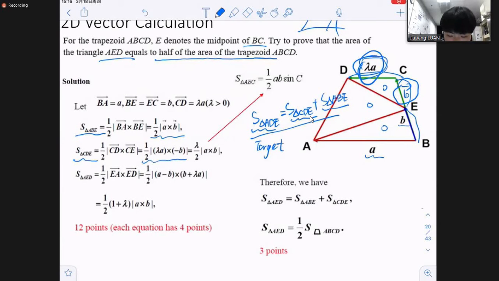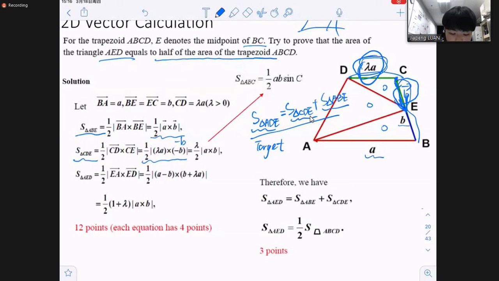It doesn't matter, but the standard way is to write this like minus B, because you can see that if we take the origin at C, then minus B has a direction like this.